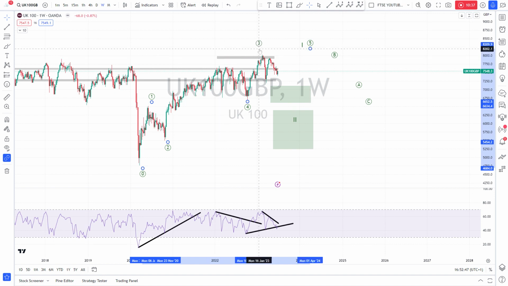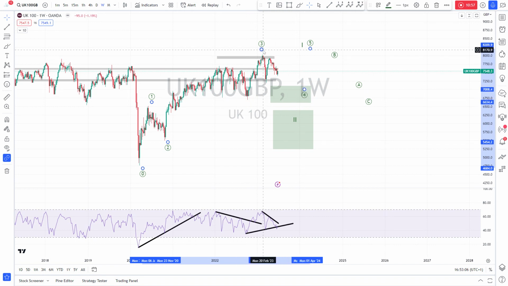So that this here was only wave 3, because like I said, divergence is not really outspoken. It's not really obvious. There is divergence, but it's not really clear. And normally a wave 5 should end with clear divergence.